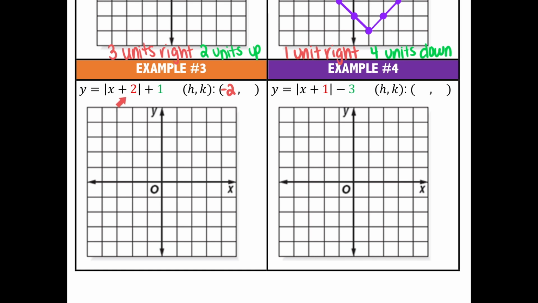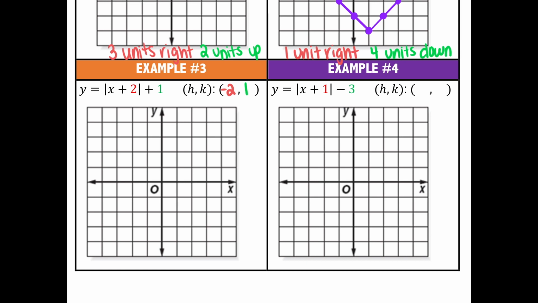Keep in mind our formula for absolute value functions has x minus h inside the bars, which is why we have to switch the sign we see when we're stating the x value for the vertex. Our y value for the vertex matches our constant that's outside the bars, which is +1.